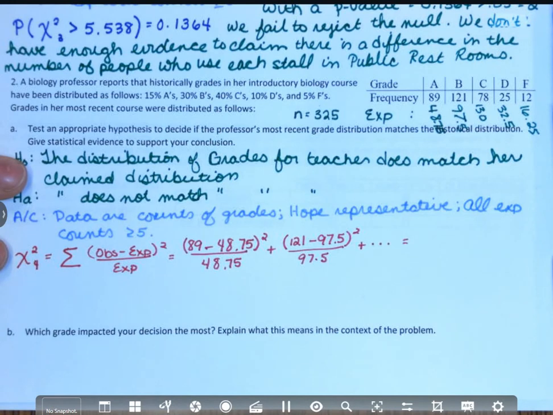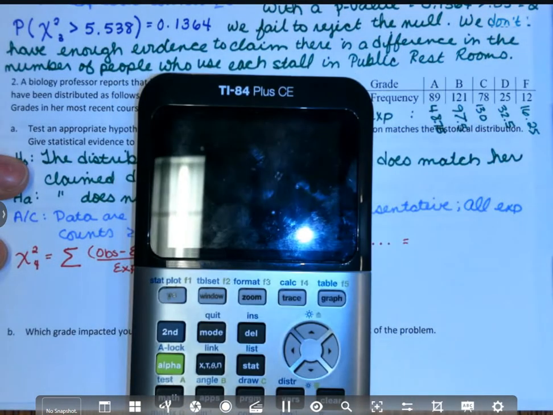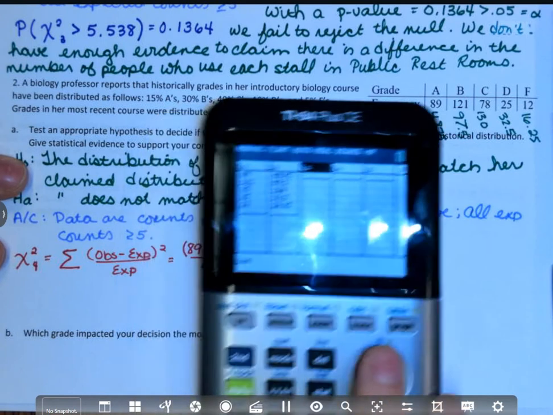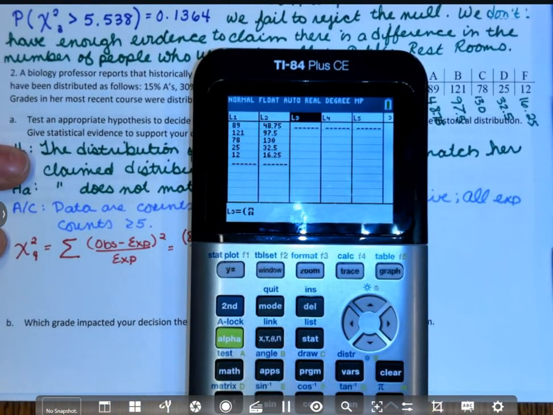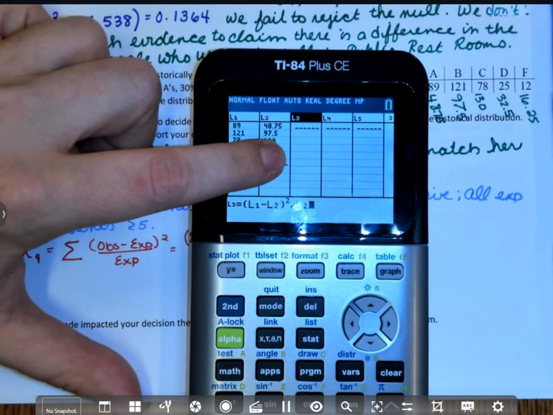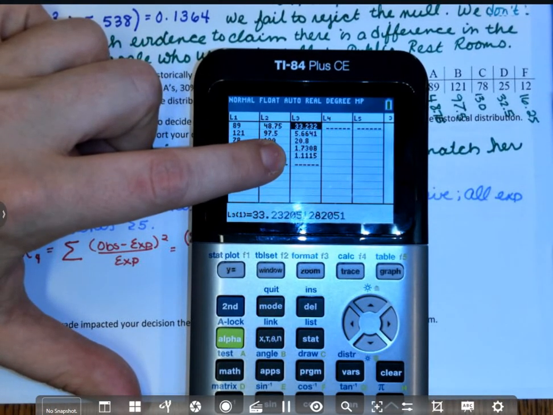Okay? In my calculator, to get the calculator to do that, I'm going to go over to list 3. I'm going to arrow up on list 3, and I'm going to say parenthesis, list 1 minus list 2 squared over list 2, because that is my observed minus expected squared over expected.